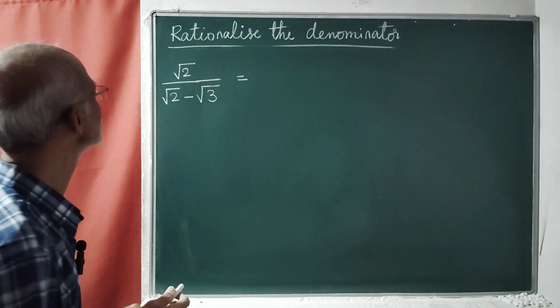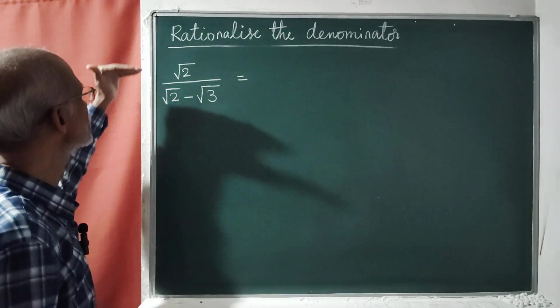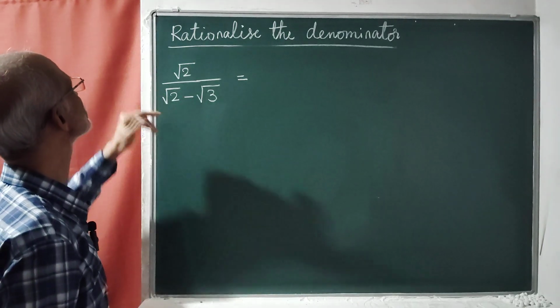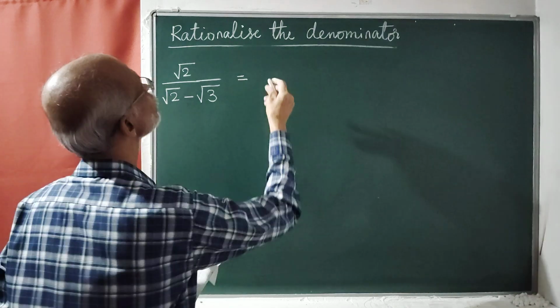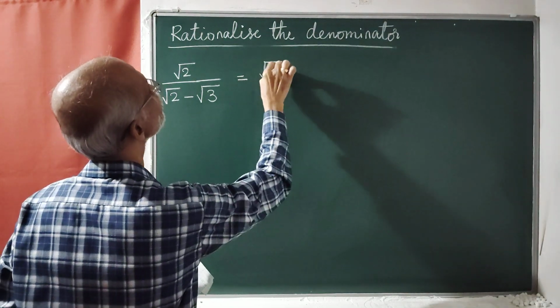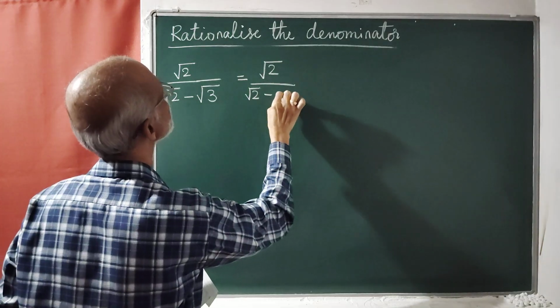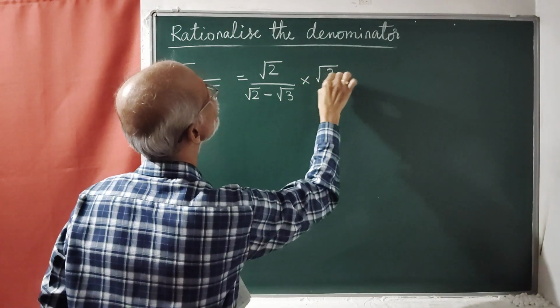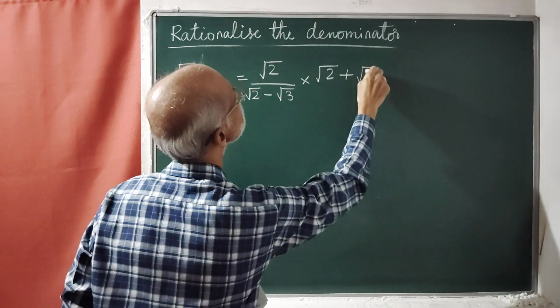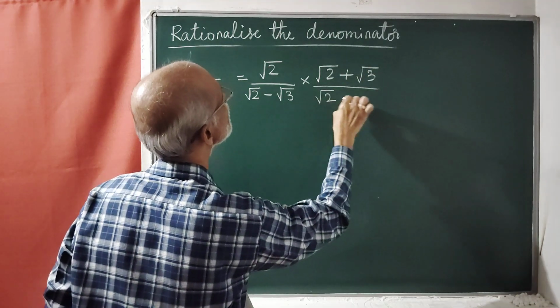Here in this case there is a binomial. I will multiply the top and bottom with the same one with opposite sign. So root 2 by root 2 minus root 3 into root 2 plus root 3 divided by root 2 plus root 3.